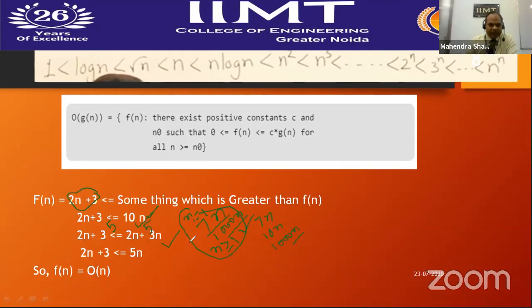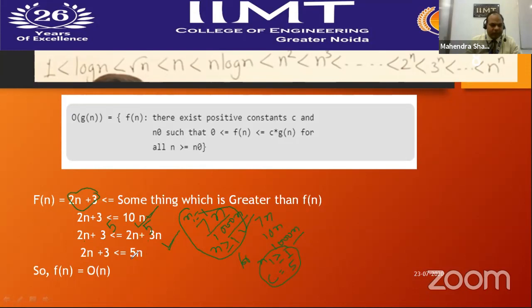It means you can say for n greater than or equal to 1 and c is equal to 5, this equation will be true.